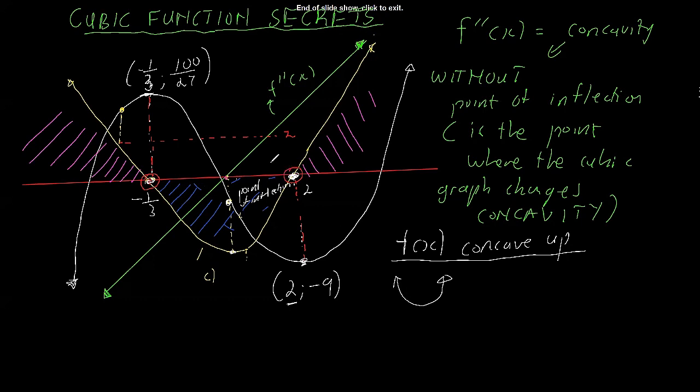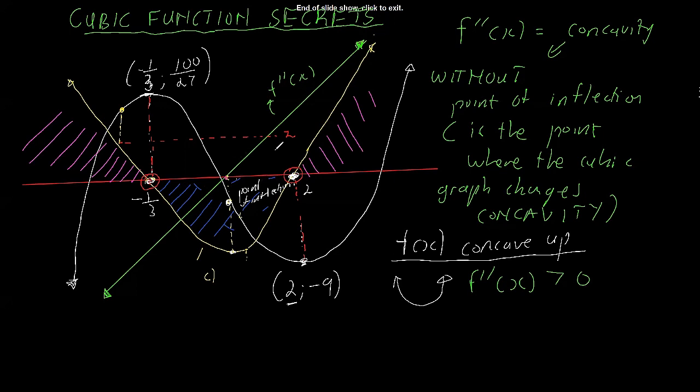But I want you to look at the behavior of the straight line. Just after this point, what is happening to your straight line? Your straight line is above the x-axis. So in other words, we can say when your f double prime is greater than 0. So when your straight line is above the x-axis, that's where we have f of x being concave up.